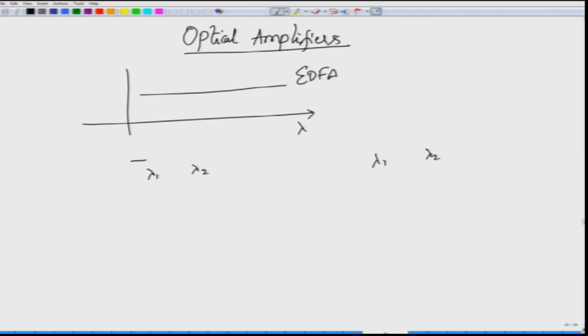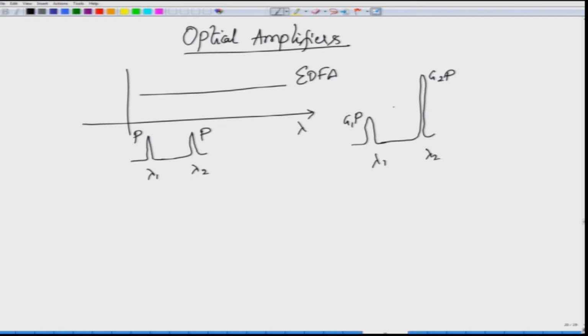If lambda 1 is at a certain power P and lambda 2 is also at power P, the output signal will be G1 times P for lambda 1 and G2 times P for lambda 2. Notice that although at the input both had equal powers, the output powers are not equal.